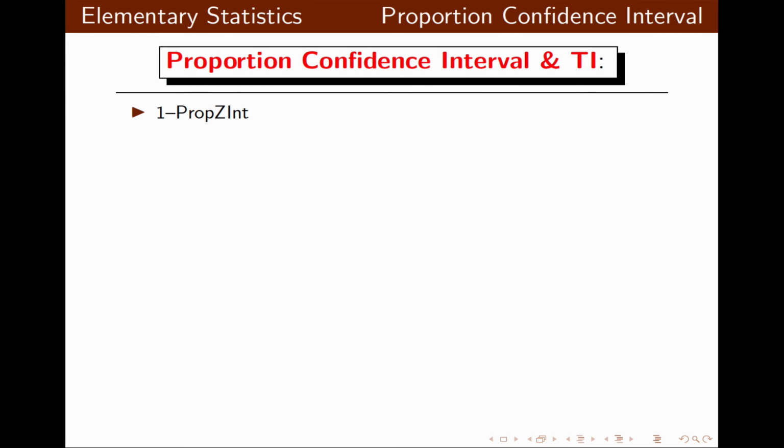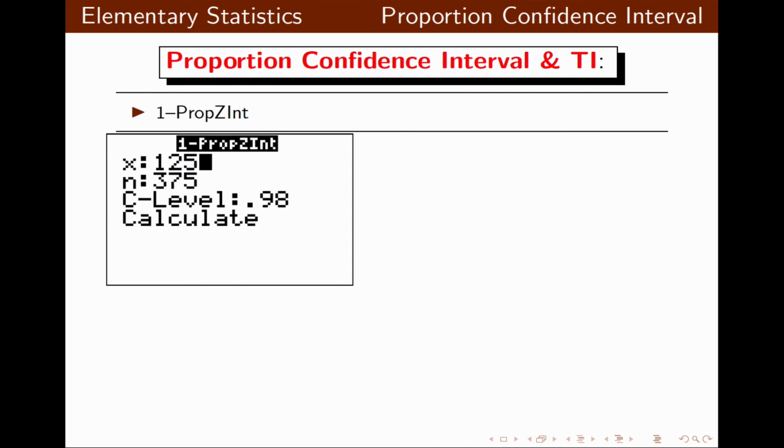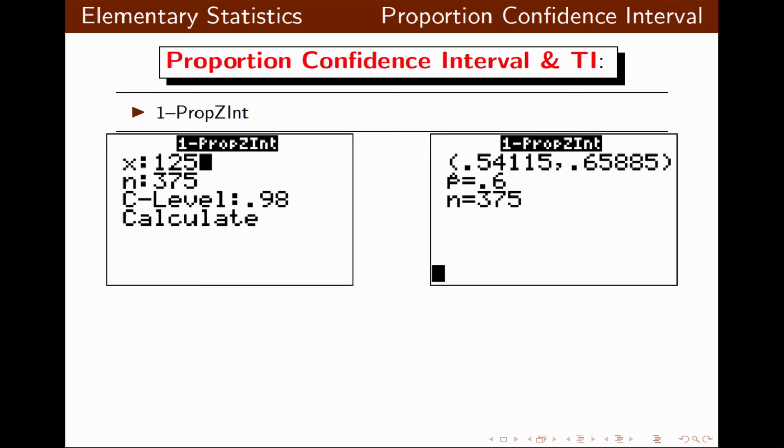Once you select 1-PropZInt, you're going to enter the values for X, N, and the confidence level, and then press Calculate. Your final answer will be on top of the screen.